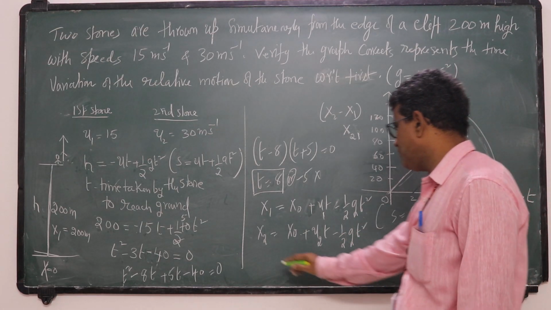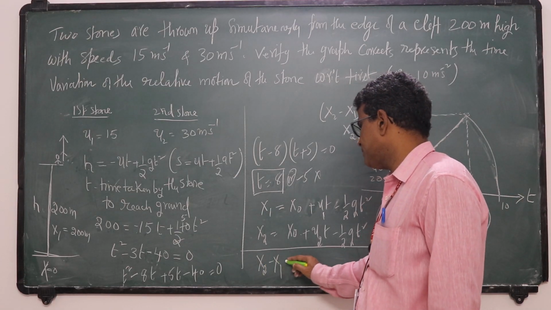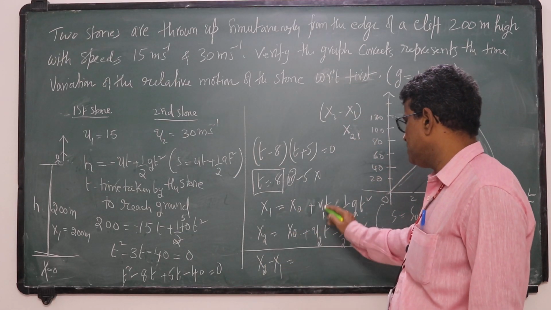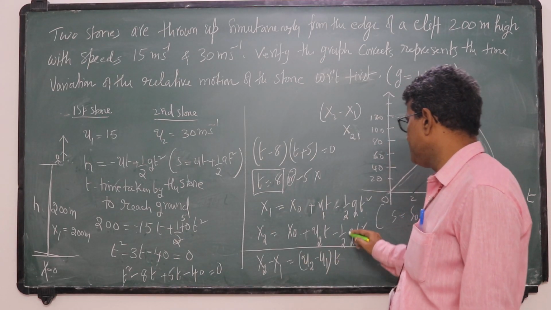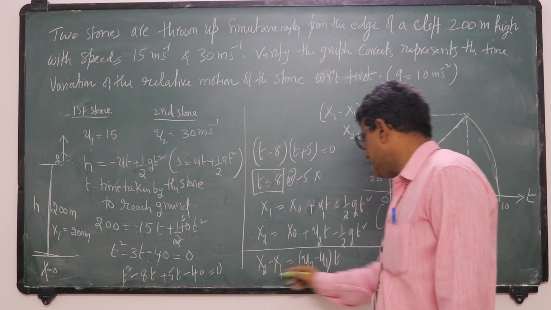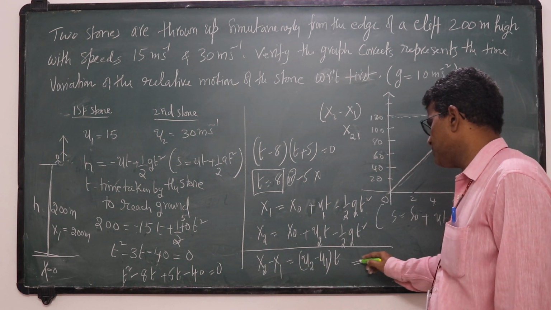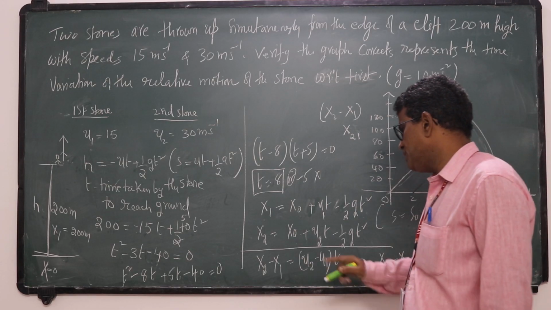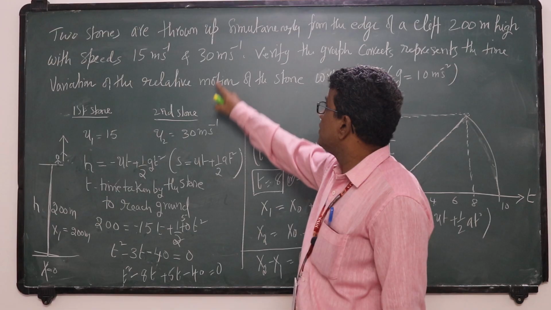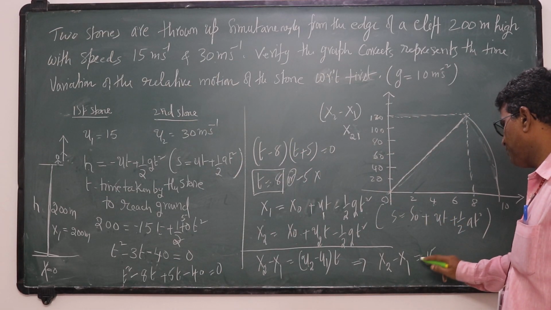So what is the separation between them? I want x2 minus x1. These two get cancelled, so you will get u2 minus u1 into t. These two get cancelled, so you will get a linear equation. x2 minus x1 is equal to u2 minus u1, which is 30 minus 15, so 15t.